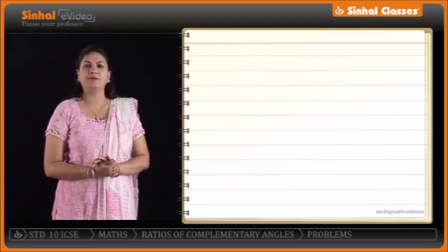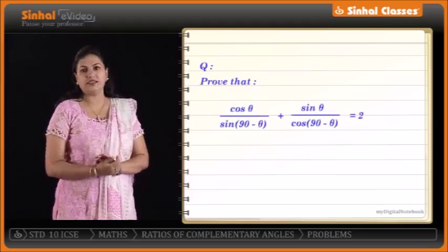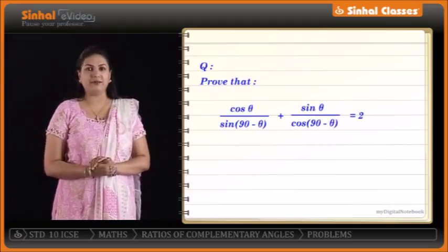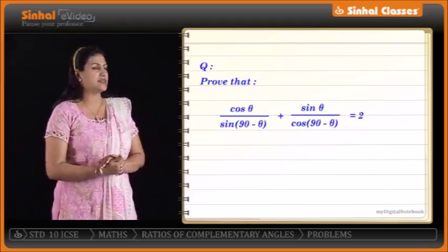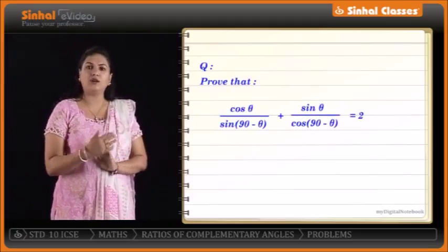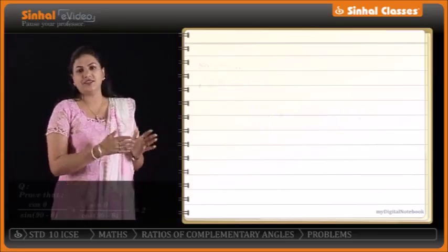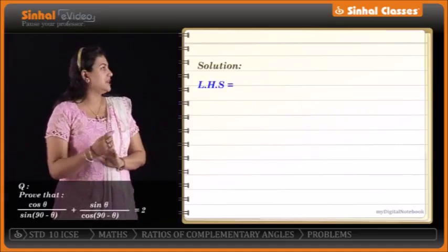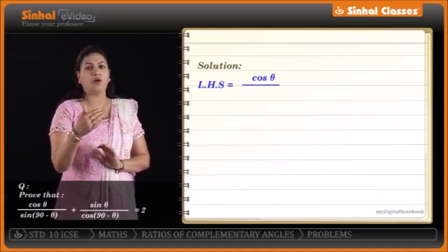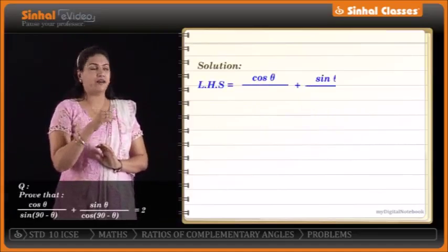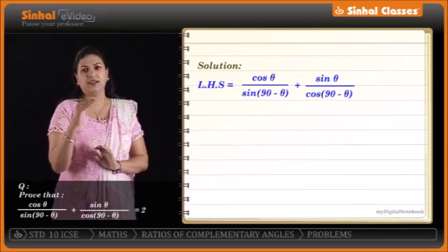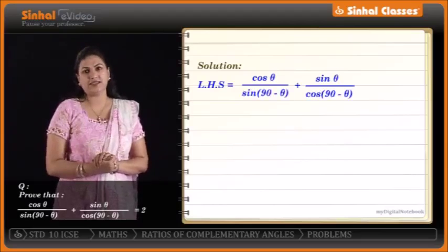First problem, prove that cos theta upon sin 90 minus theta plus sin theta upon cos 90 minus theta equal to 2. Now we start with LHS. Now in LHS we have cos sin and we also have sin 90 minus theta and cos 90 minus theta.